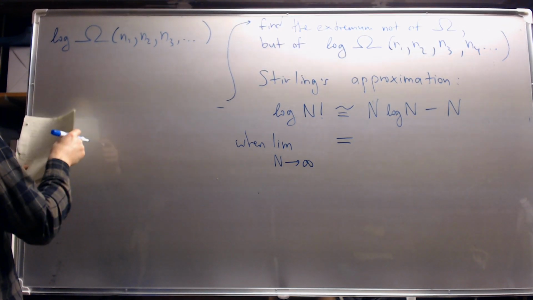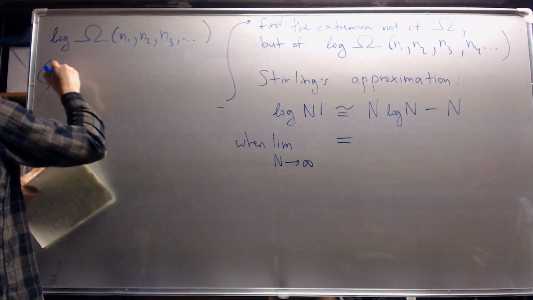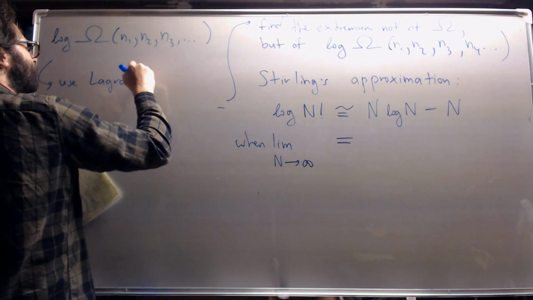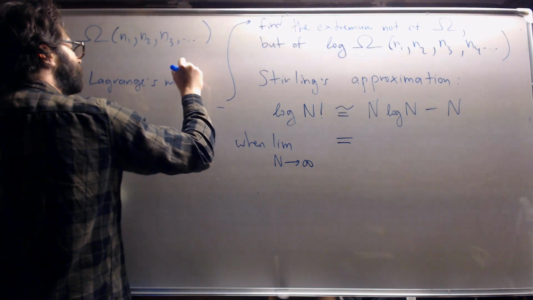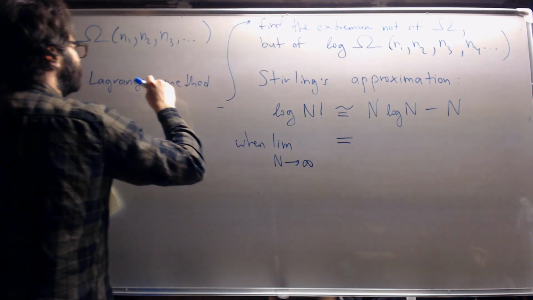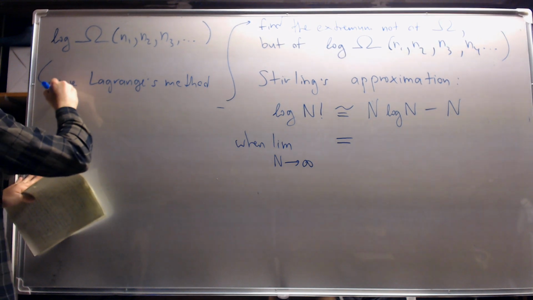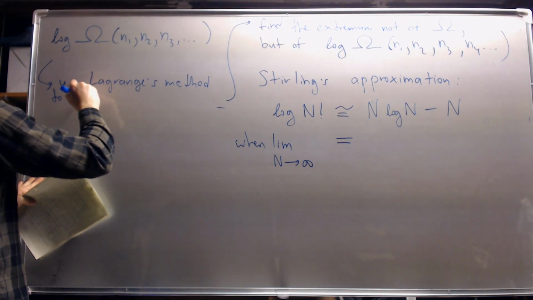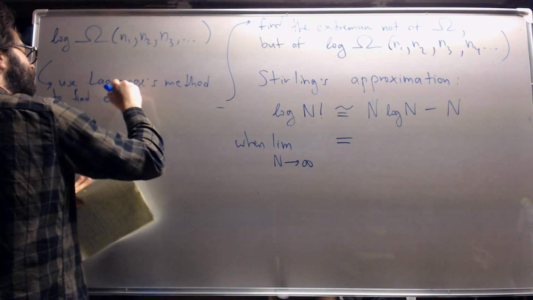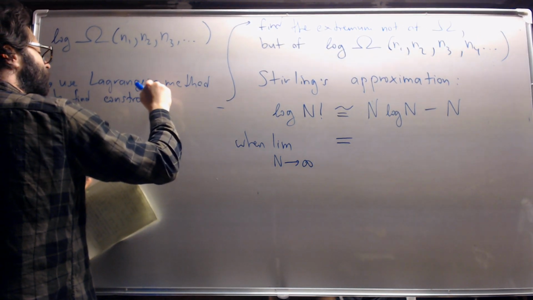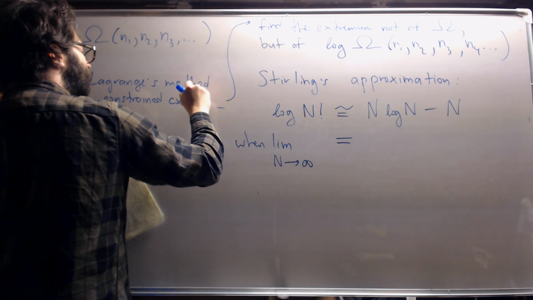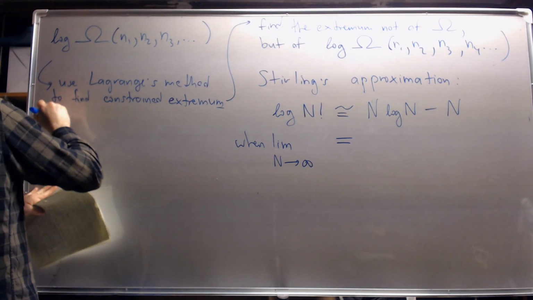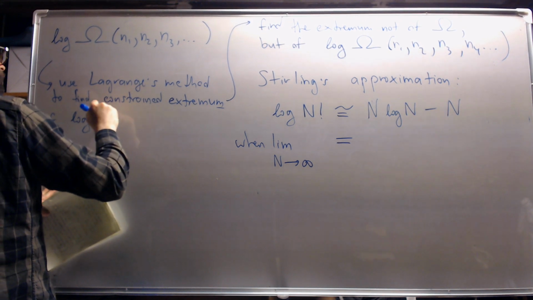To use the method of Lagrange multipliers, use Lagrange's method to find the constrained extremum of the logarithm of omega.